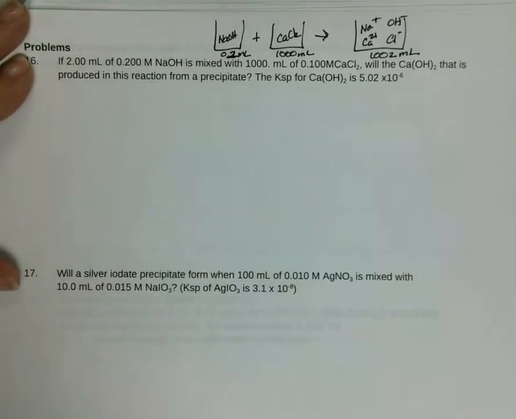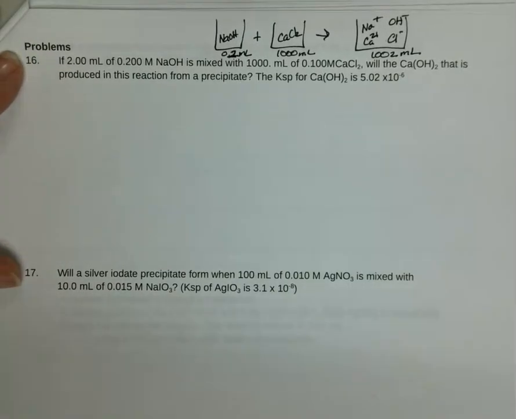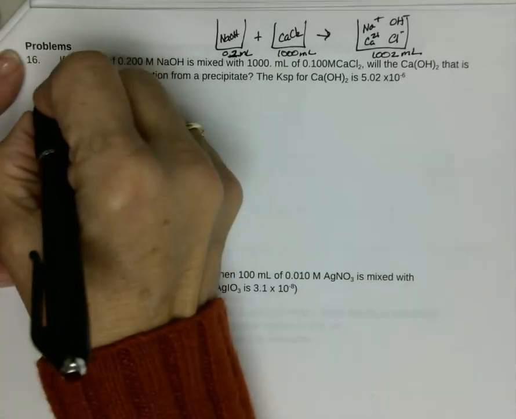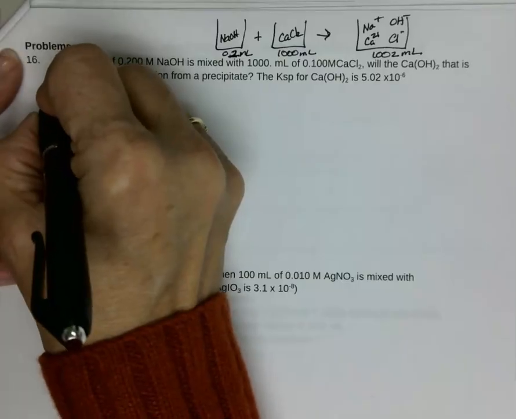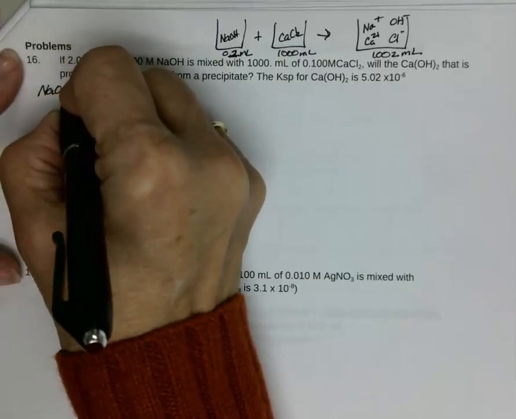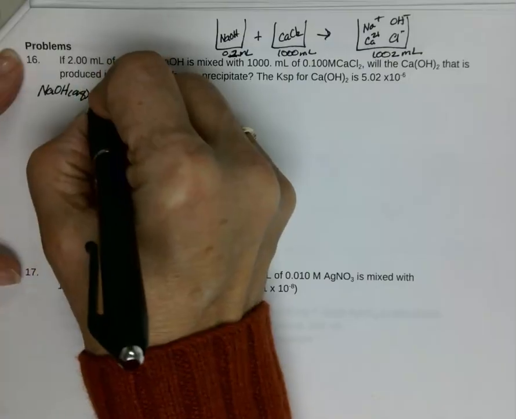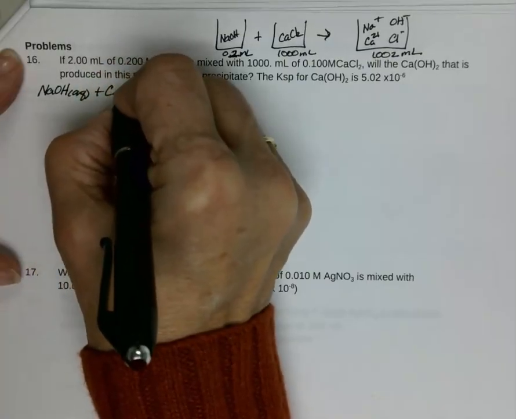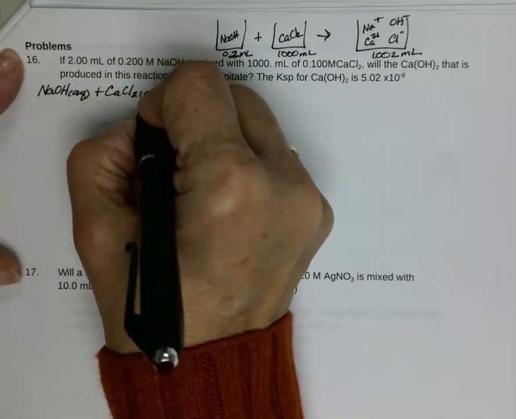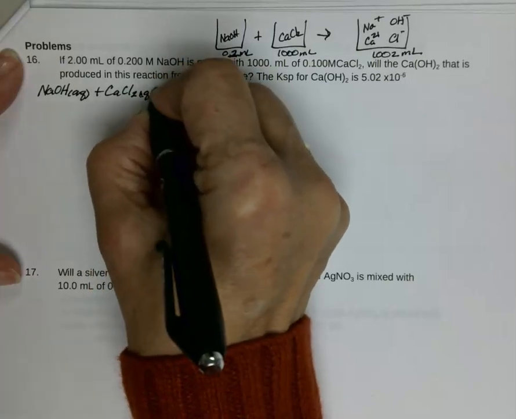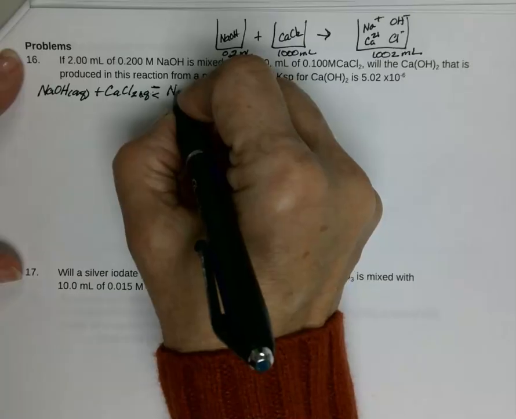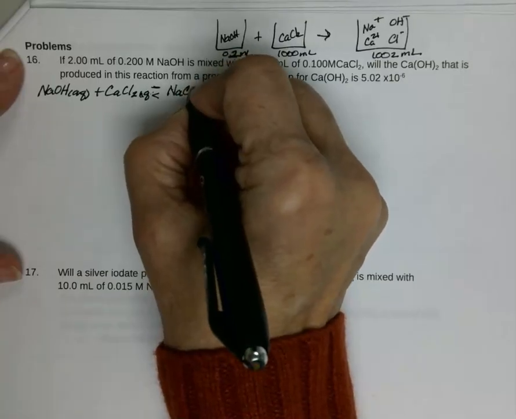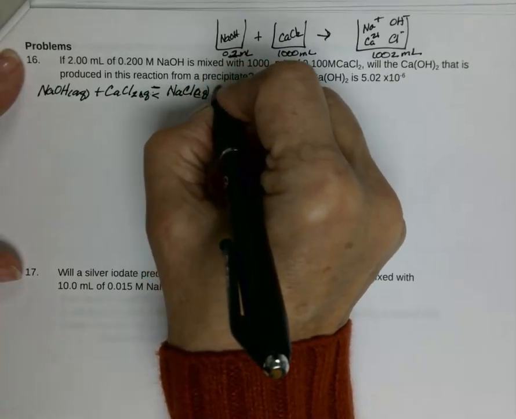So again, you could go through and write your entire reaction that you're having on there. Is it 100% necessary? No, because they do tell us already that we're wanting to check whether or not it is the calcium hydroxide that precipitates out.